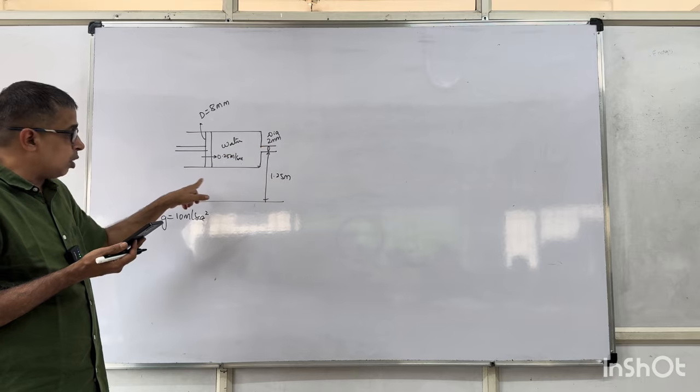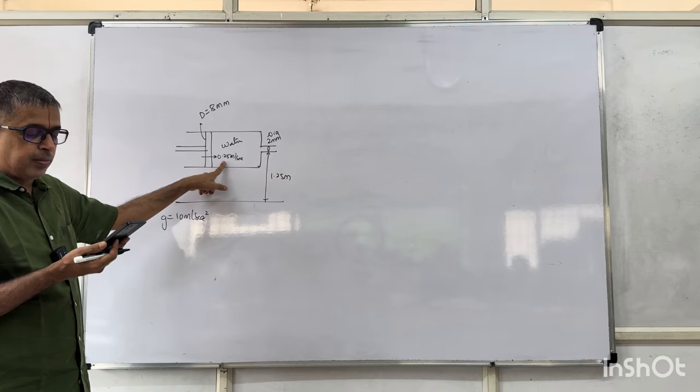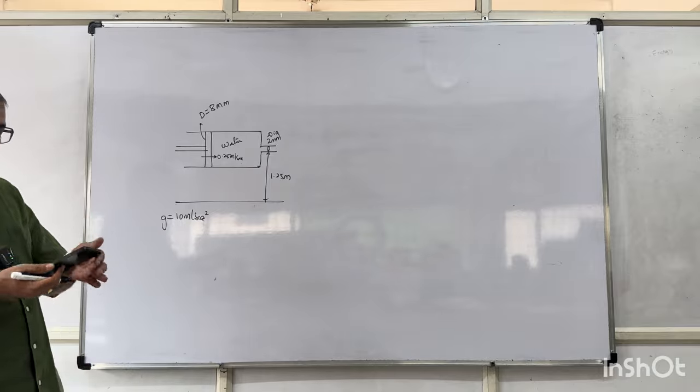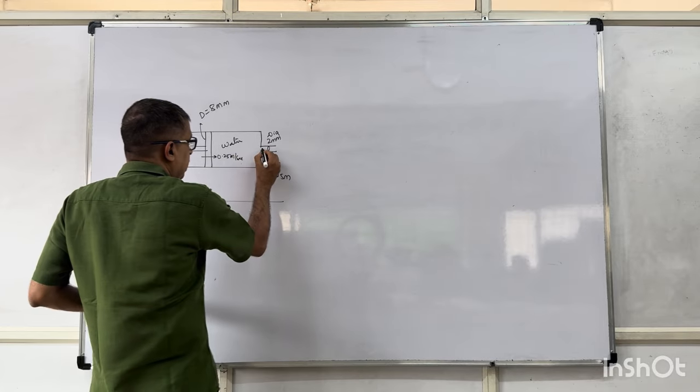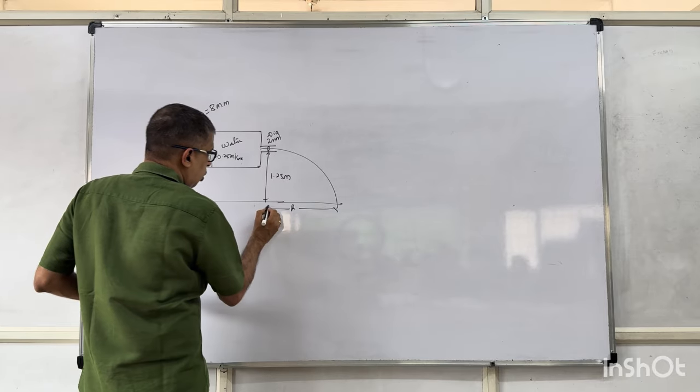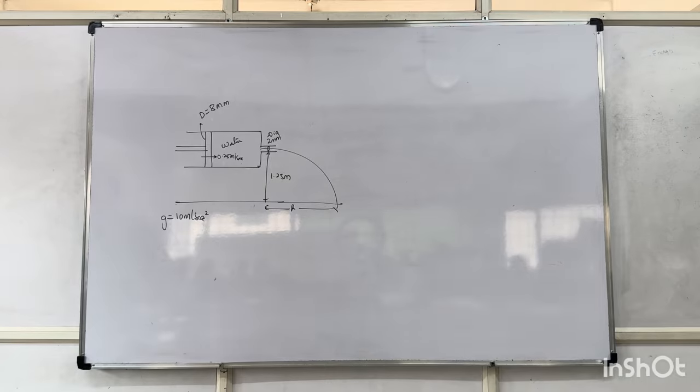Plunger is pushed with a constant speed of 0.25 meters per second. Find the horizontal range of the water stream on the ground. Find R.